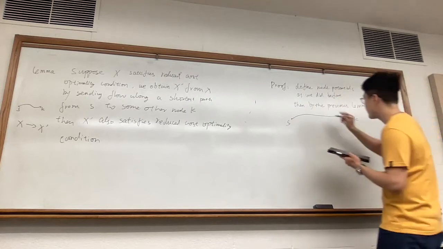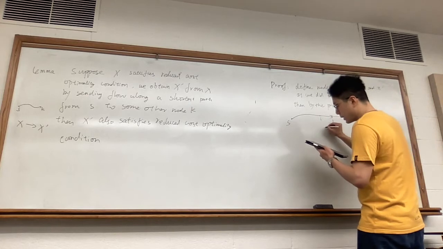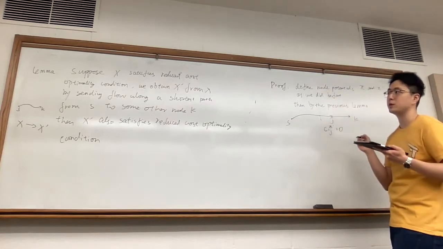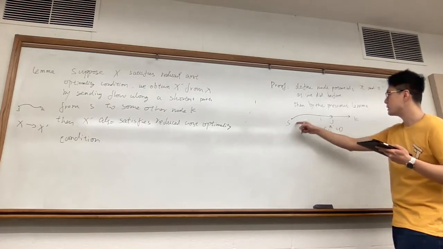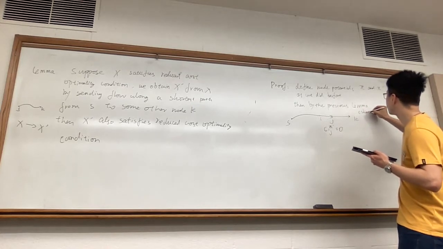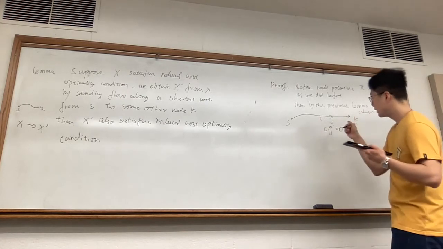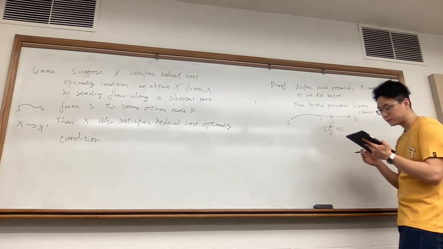And on this path, let's say you have I, you have J. Then we can say that Cij pi prime is equal to 0. This is what we have shown in part B of the previous lemma. This is the shortest path from S to K, and by the previous lemma, Cij pi prime equals 0.